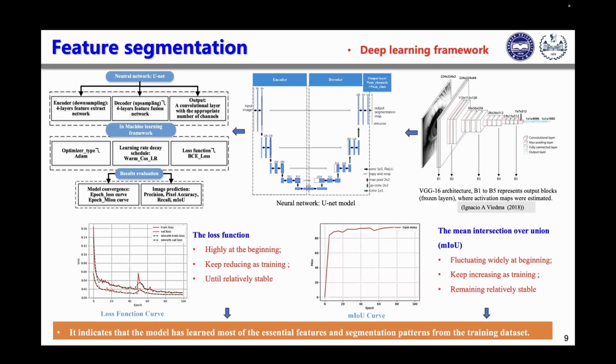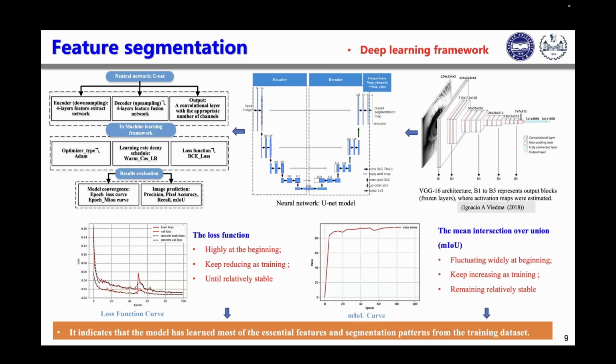And the key step is the feature segmentation procedure with a classical semantic segmentation neural network called UNet, which I used in this.